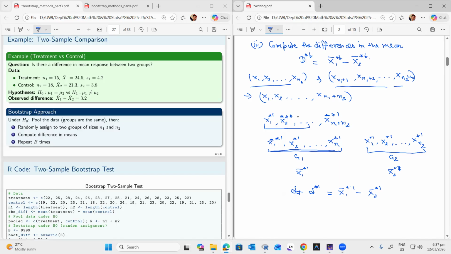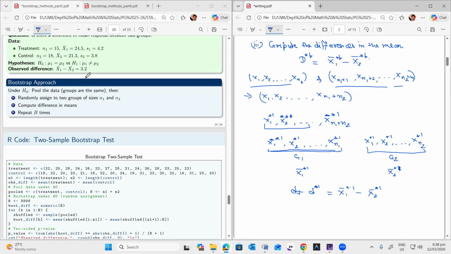Some may come from the first group. That is called exchangeability, and that is the important thing for your two sample comparison.